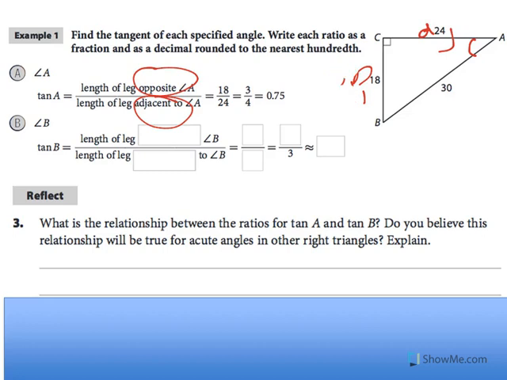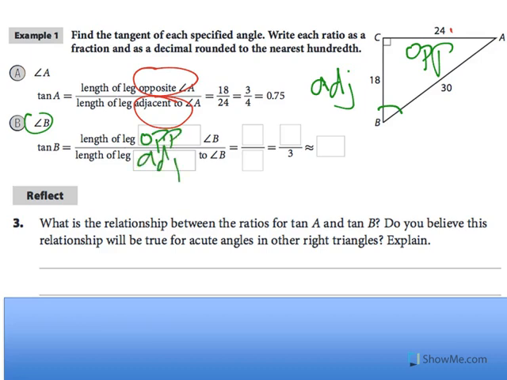Okay, and now let's look at angle B. Here we're observing from angle B, so this becomes our adjacent, and this becomes our opposite. Then tangent of angle B is the opposite over adjacent.